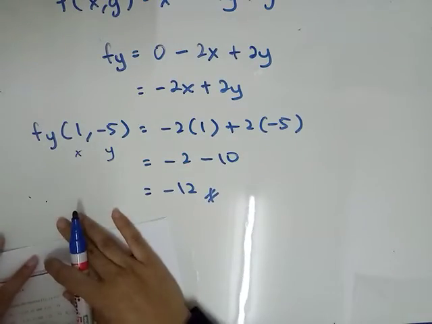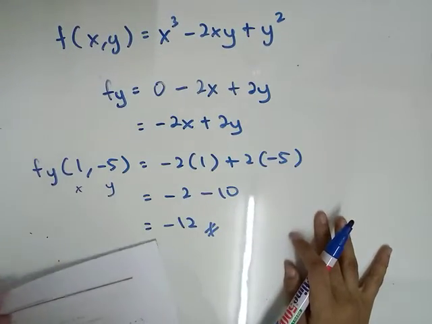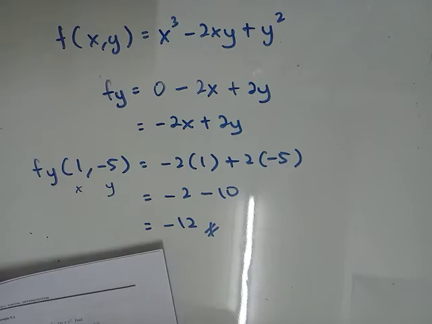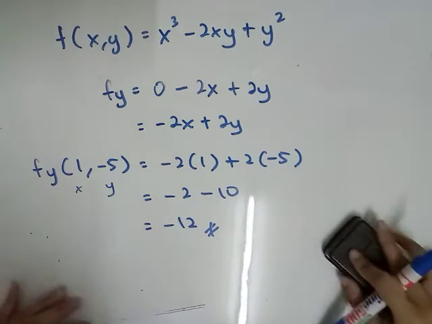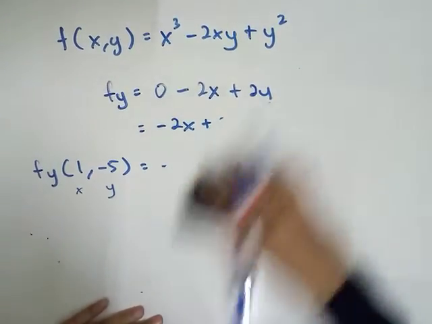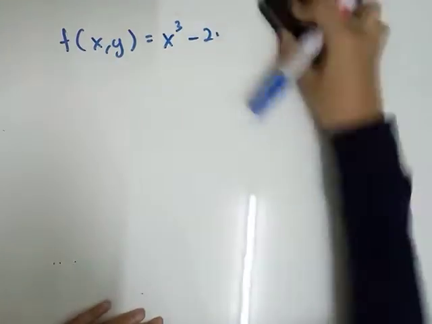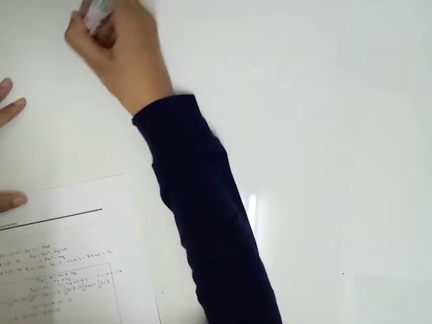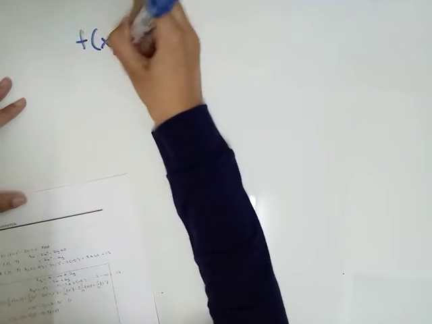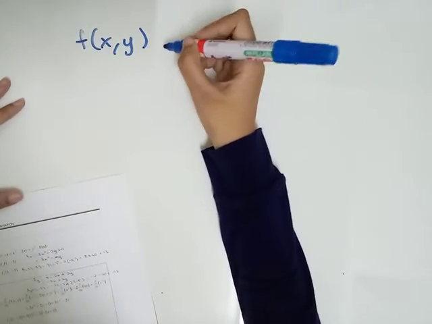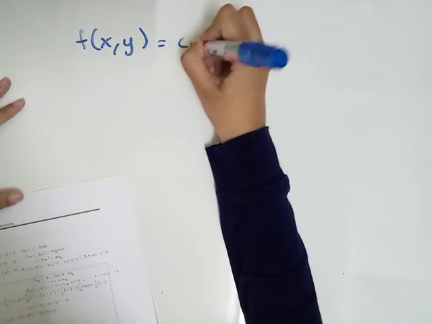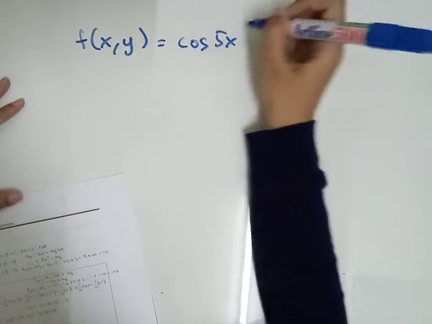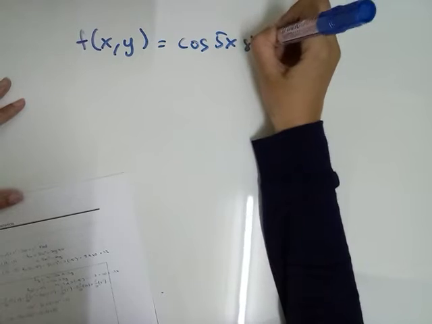Okay, we found it now. So look at example 5.2. Example 5.2, we have a function f(x, y) equals cos 5x sin 4y.